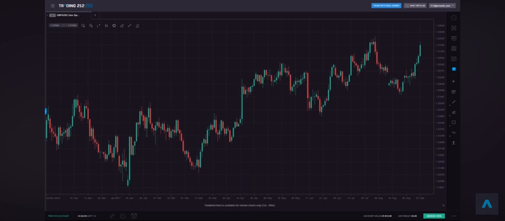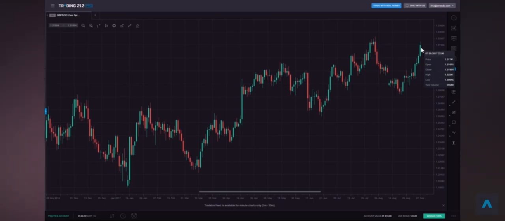So if we're looking here, in this example, pound US dollar, we can see at the beginning of 2017, so January 2017, £1 would buy you around about $1.22. At the beginning of September, the pound had risen in value and £1 would buy you $1 and almost 32 cents. So when we're looking at Forex pairs, foreign exchange trading, we're looking at the value of one currency versus another.